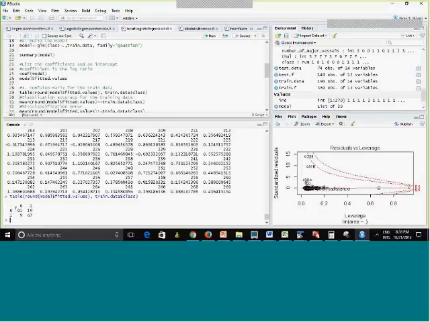The table is a confusion matrix, and we need to look at the entries on the diagonal. The entries on the diagonal are the correctly classified predictions, right? Those are correctly classified predictions, and here are misclassifications.